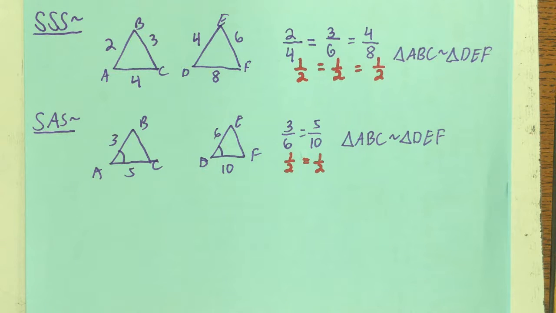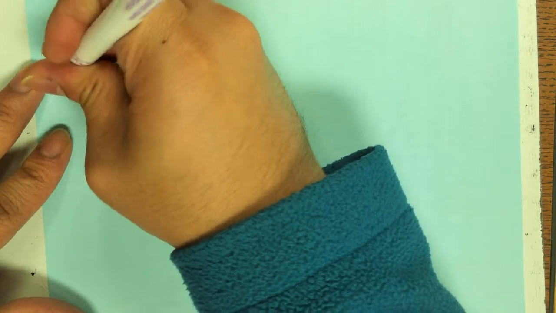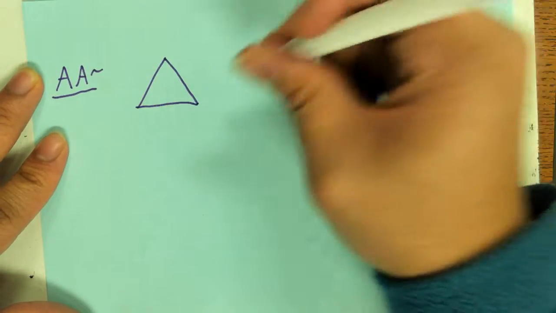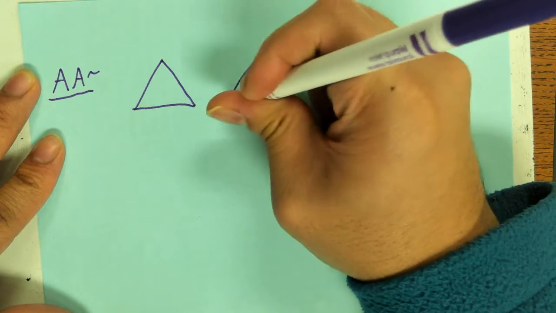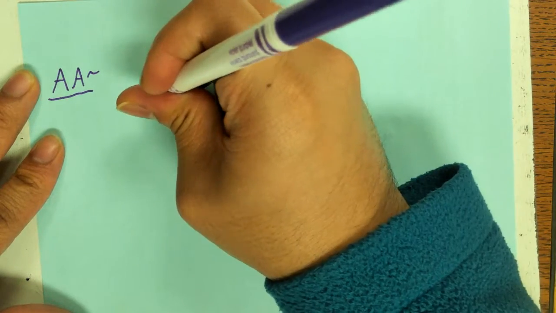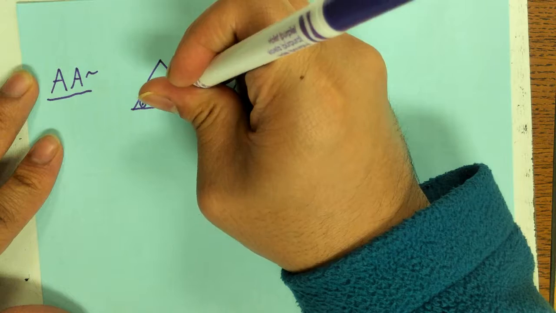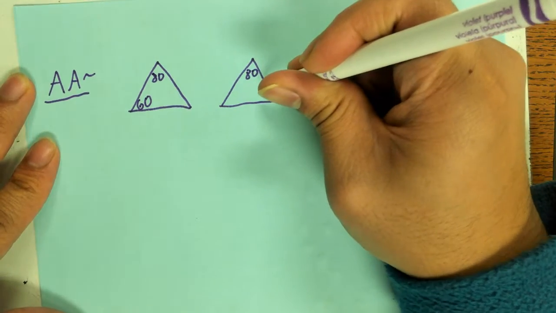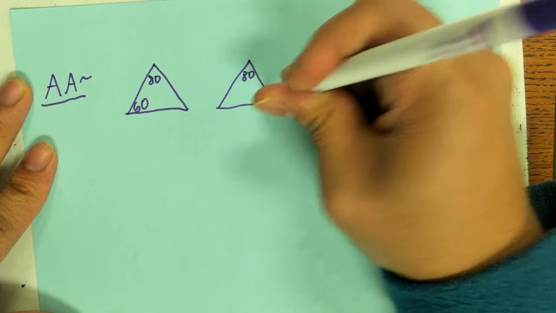Alright, let's do some examples. For AA similarity, you may see a question something like this, where you have two triangles, 60, 80, this is 80, and 40.